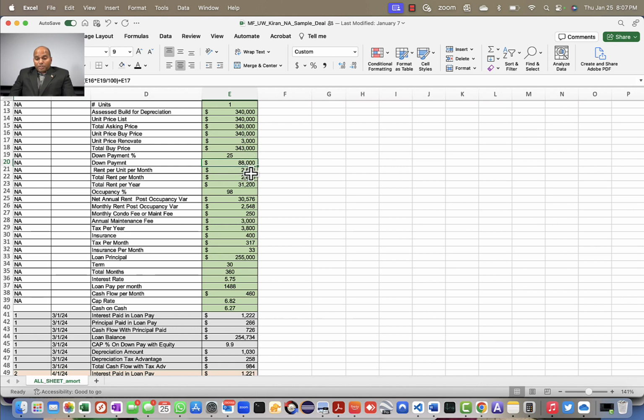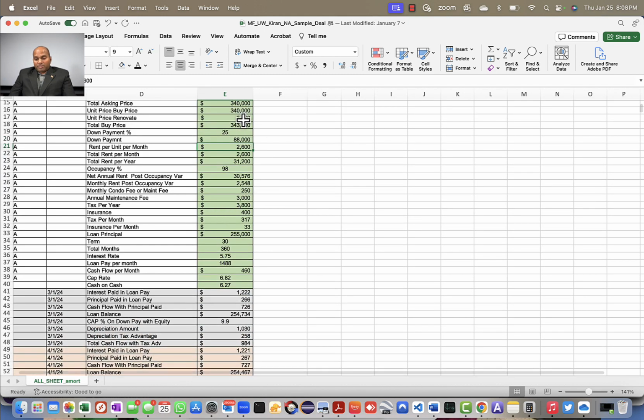Rent per unit per month is 2600, and then this is total rent. This math actually gets to you using common sense, so I'll just brush through it really quickly. So the rent, obviously there are a few things that go into the calculations here. What is your total rent? What is your occupancy?